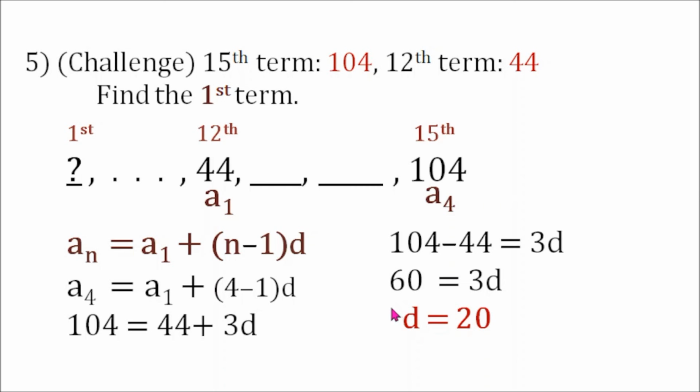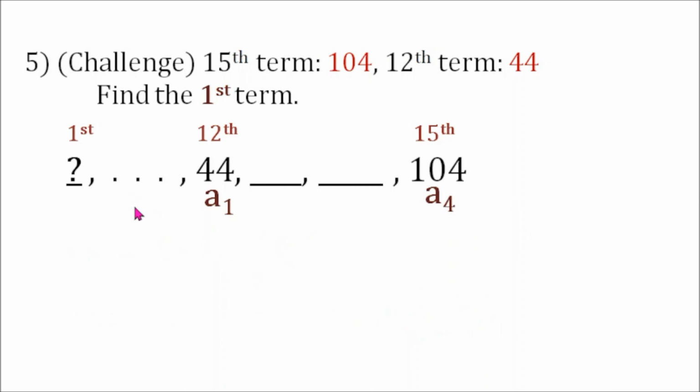So it's easy for us to solve for a sub 1 now. So a sub 15 equals a sub 1 plus 15 minus 1 times 20.